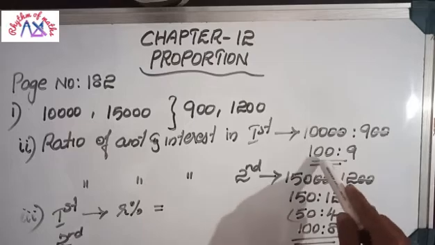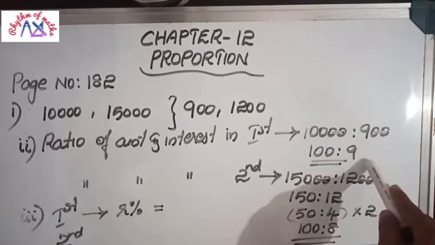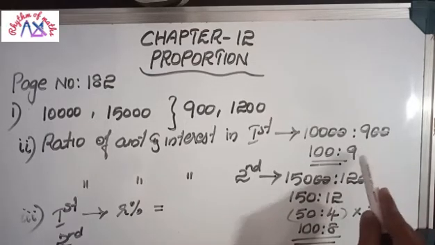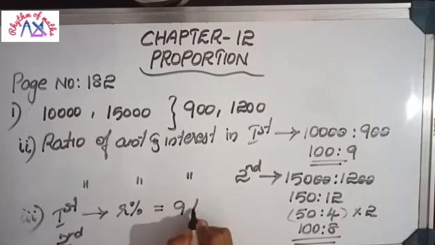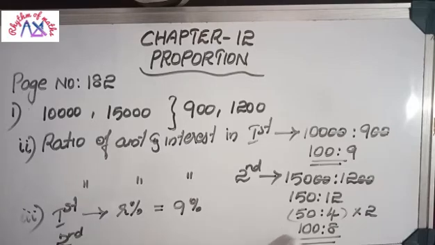So here for 100 rupees, 9 rupees is the interest, which means the rate of interest is 9%. So for the first scheme, 9% is the rate of interest. For the second scheme, for 100 rupees, 8 rupees is the interest, so 8% is the rate of interest for the second scheme. This is the third sub question answer.